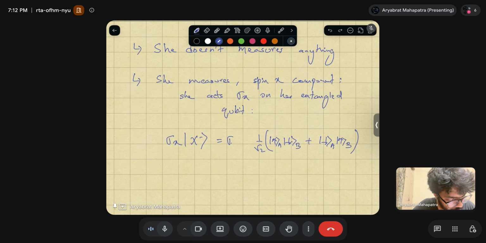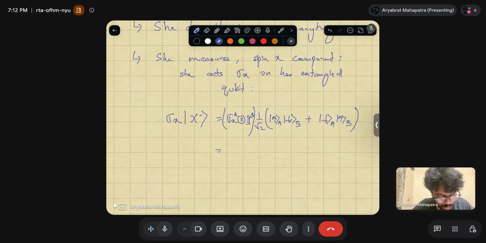So this means sigma x, let me write A over here, tensor product with the identity operator. This is for Bob, so Bob's qubit will go untouched here. This operates on the left part.